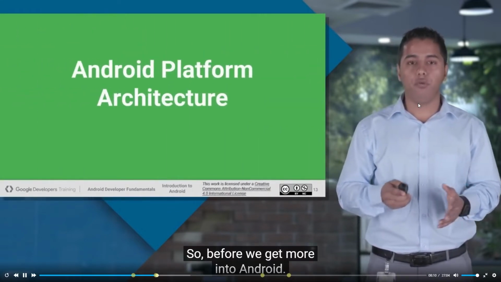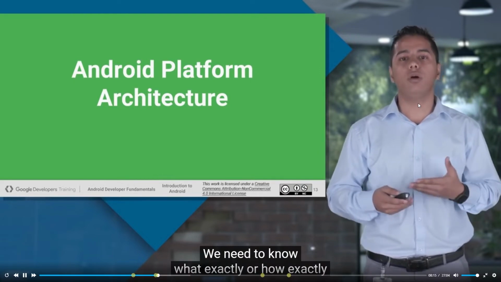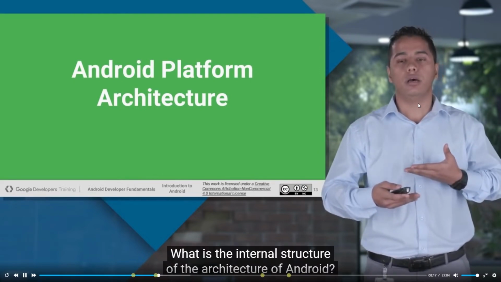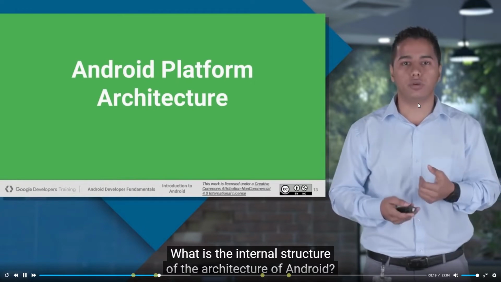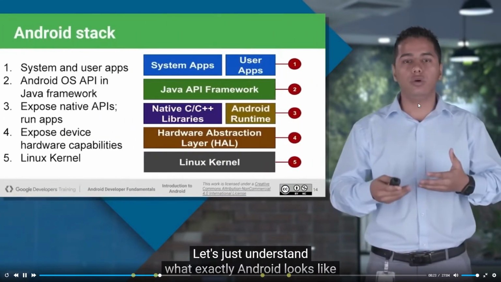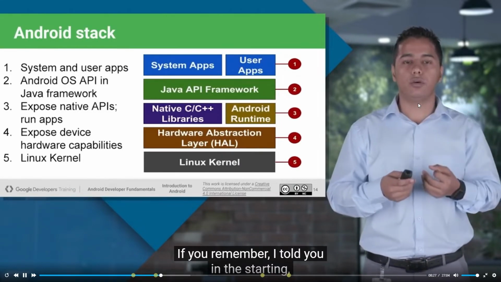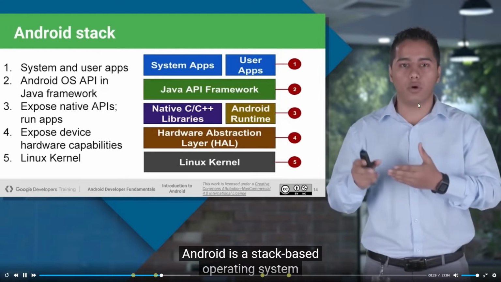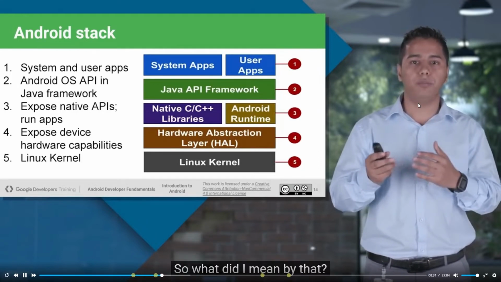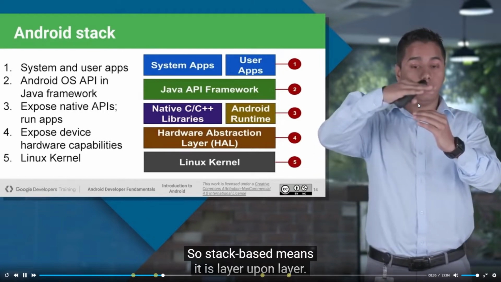Before we get more into Android, we need to know what exactly the internal structure or the architecture of Android is. Let's understand what Android looks like from inside. If you remember, I told you in the starting that Android is a stack-based operating system. What did I mean by that? Stack-based means it is layer upon layer.